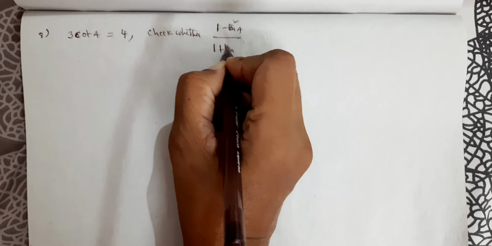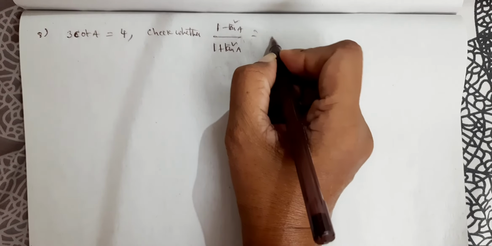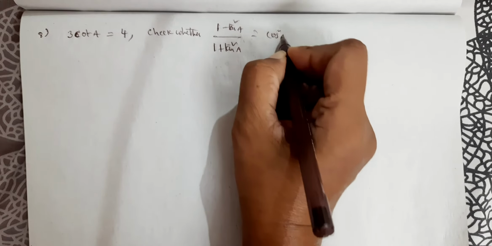Now we need to check whether (1 minus tan square A) divided by (1 plus tan square A) is equal to cos square A minus sin square A or not. So this is what we have to check, whether this is possible. That means we will find out the LHS value first, then we will find out the RHS value. If both are equal, they are equal. If not, they are not equal.